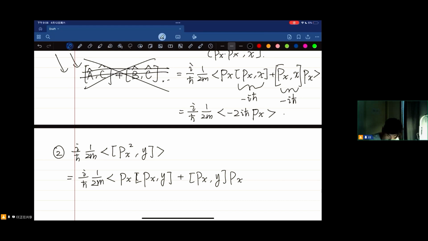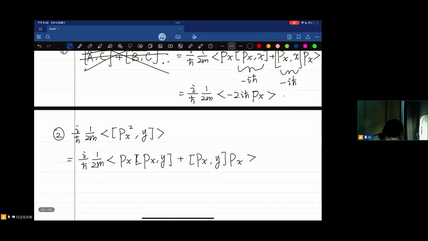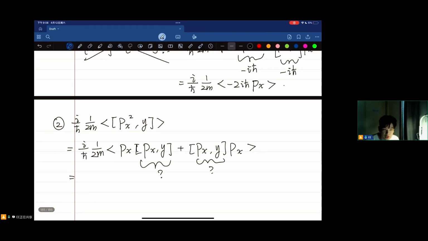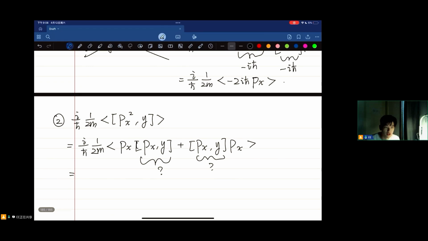So this is our result. But what is this, and what is this? From the previous question, we know that in a commutator, if the first term and the second term don't involve the same variable, like y and px, those pairs, well, they will be 0. So those two terms will disappear and this whole thing will just be 0.